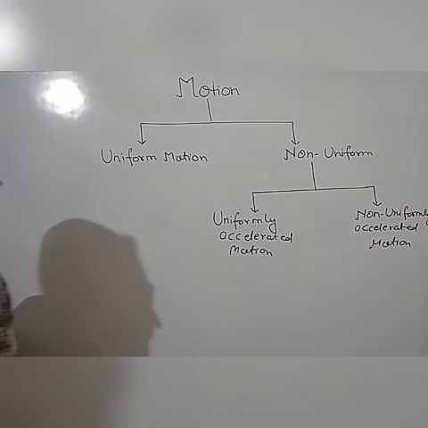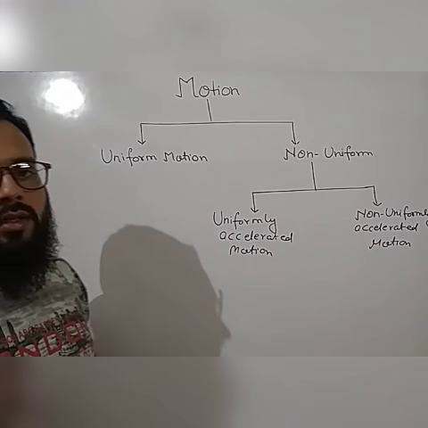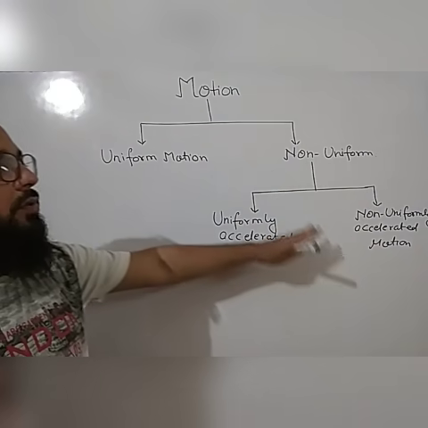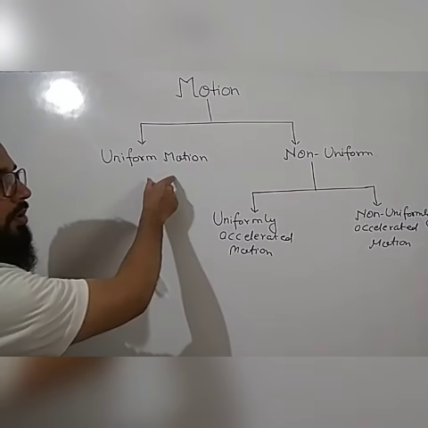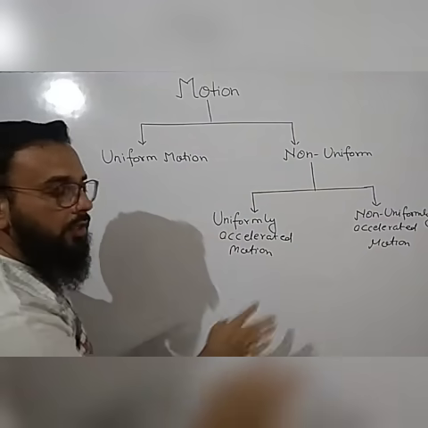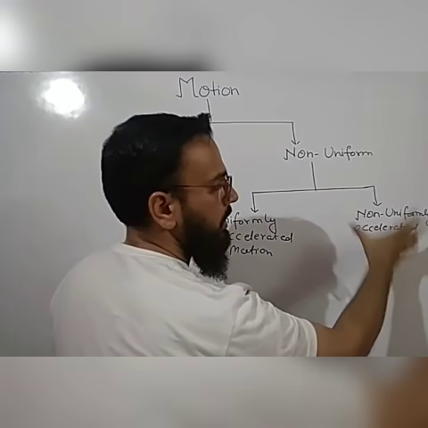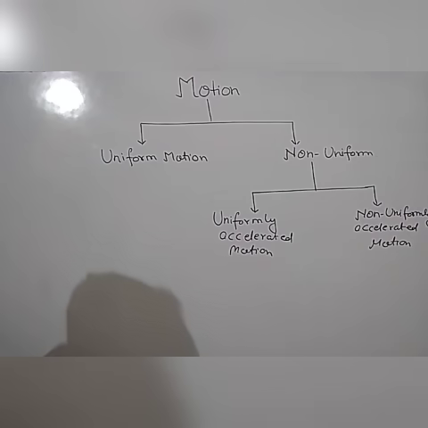Okay. So depending on the distance covered, velocities and acceleration, motion is further classified into these following types: uniform motion, non-uniform motion. Non-uniform motion is further classified as uniformly accelerated motion and non-uniformly accelerated motion.